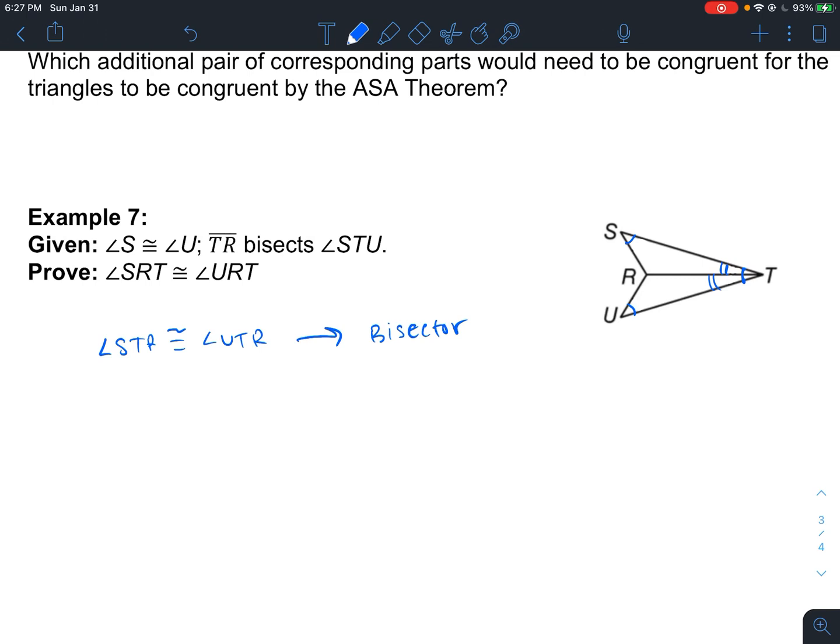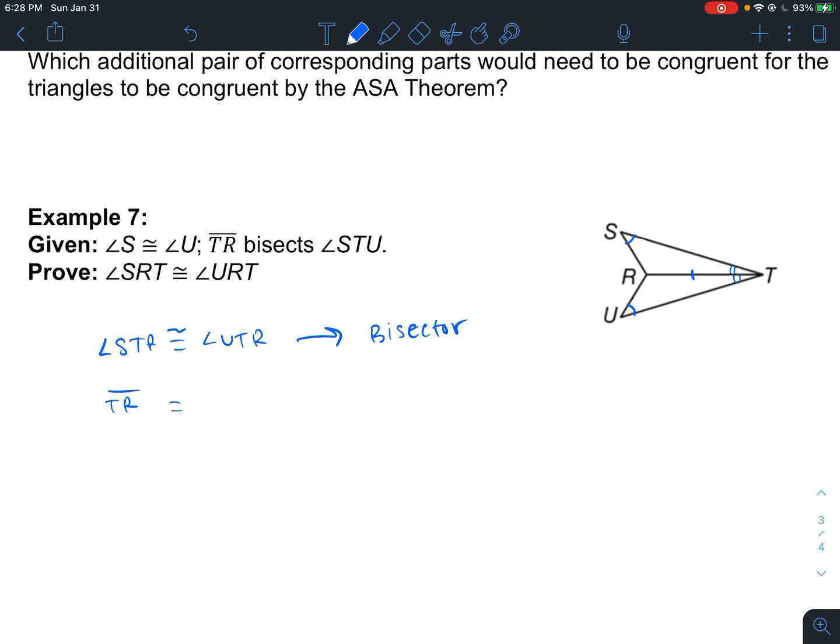So I know that this angle is congruent with this angle right there, and so I'm trying to prove using AAS. Here's an angle, and it has to be the non-included side. So this right here is the non-included side. Can we prove that TR is congruent with TR?